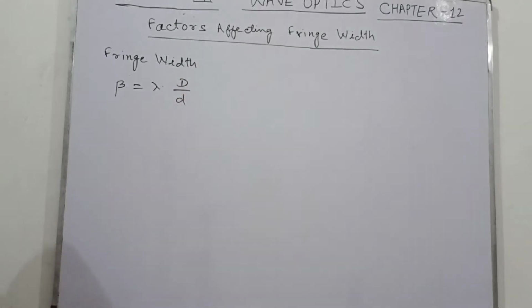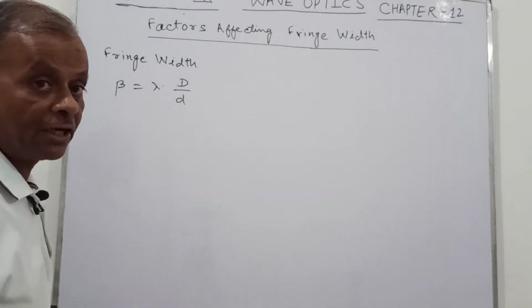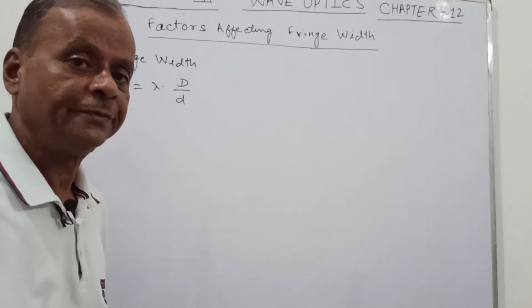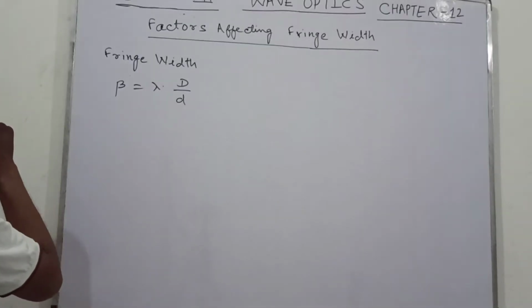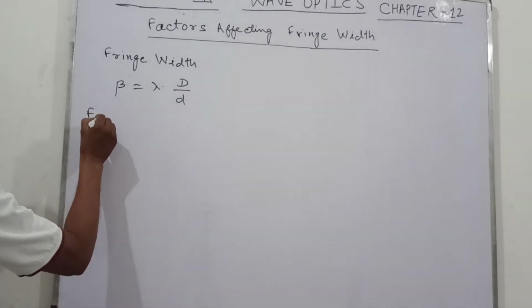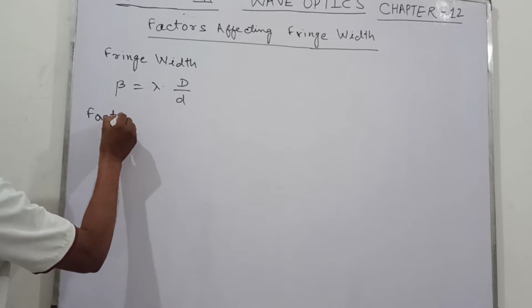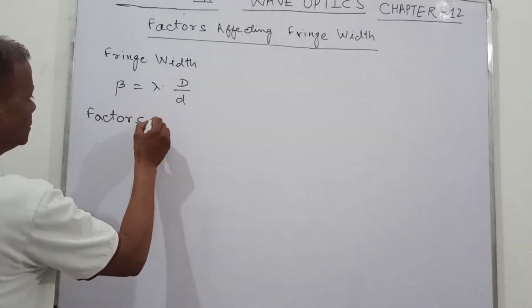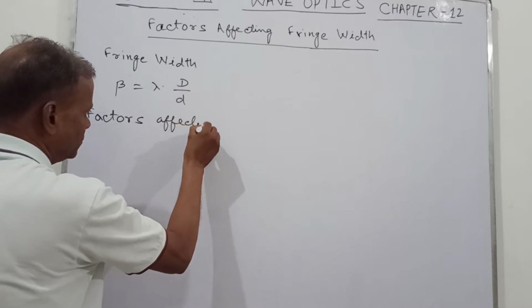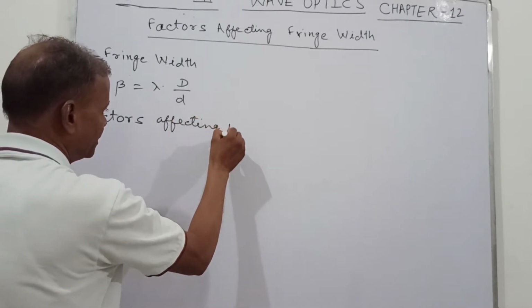This we know. So now there are four factors which affect the fringe width. Factors affecting beta.